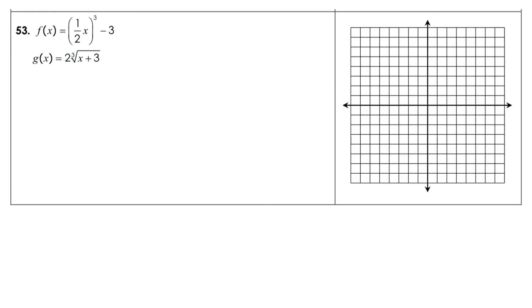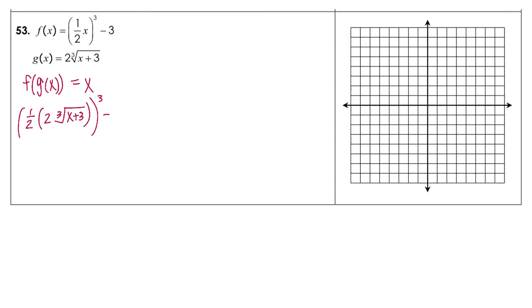And number 53, just like 52, our first thing we need to show is that these are inverses of each other. So we do need to find f of g at x. And when we do that, we are going to hopefully get x here, and so we are going to substitute in. So I have 1/2 x, but in place of x, I'm putting 2 times the cube root of x plus 3.